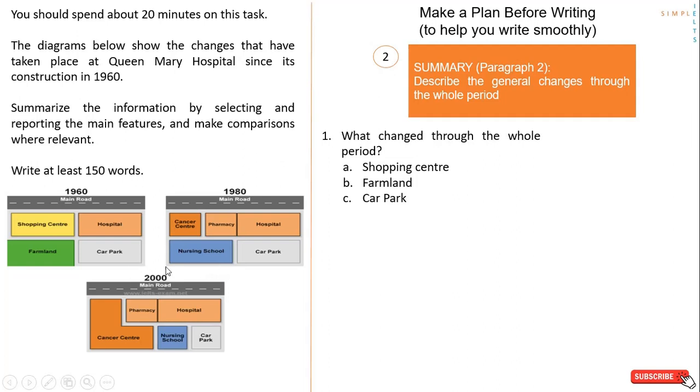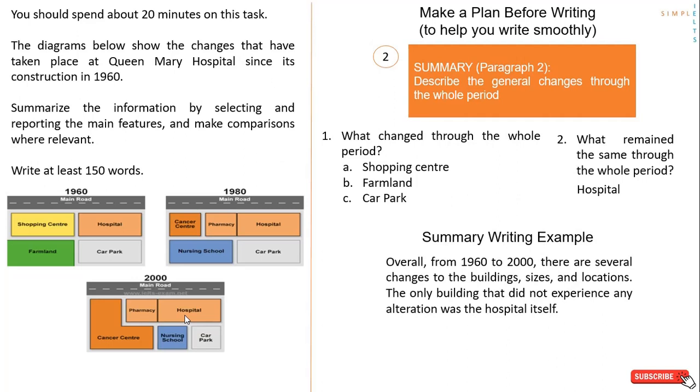Car park, it didn't change between 1960 and 1980, but it changed in terms of size. It reduced about half in 2000. But what remained the same through the whole period? The answer is hospital. Okay, so this is an example.